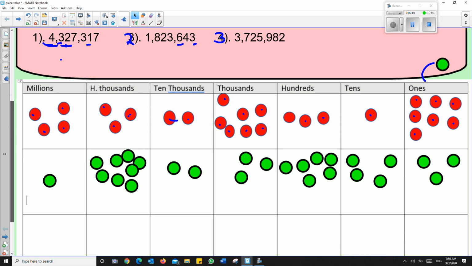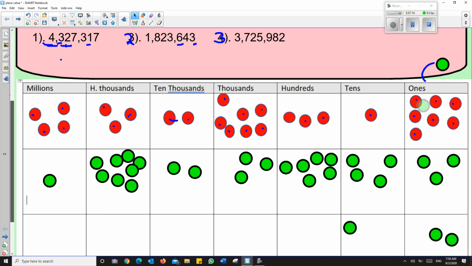This is digit 2, so we need to put 2 counters in the ones column. In the tens column is digit 8, so we need to put 8 counters in the tens column.